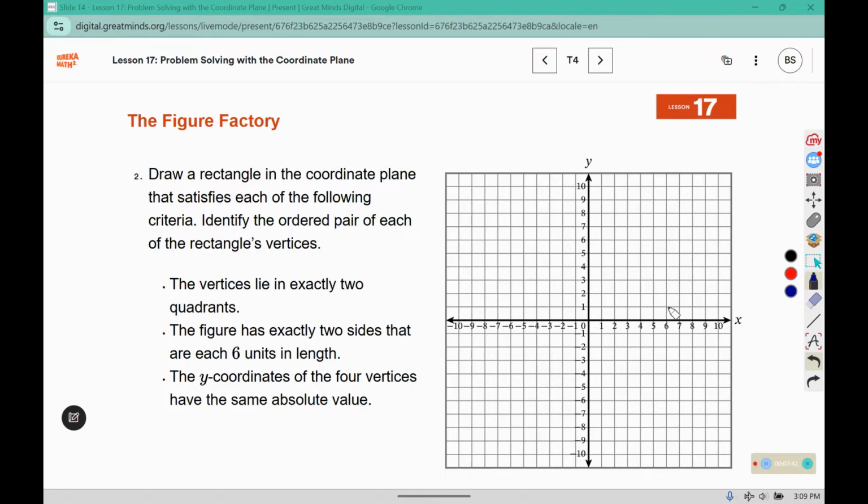So let's see. If I made it have a segment that was 6 long, this has the coordinates 8, 2, and this one has the coordinates 2, 2. If I want the y-coordinate to have absolute values that are the same, I need to be at 2 or -2.